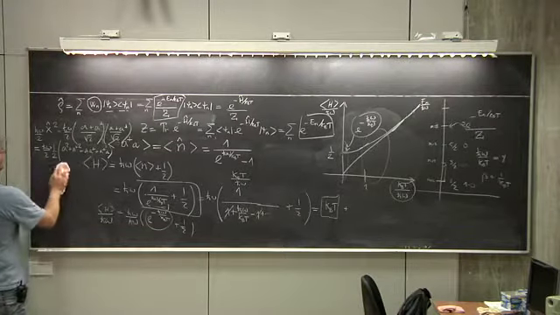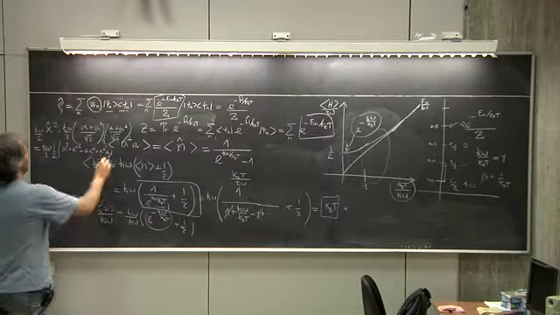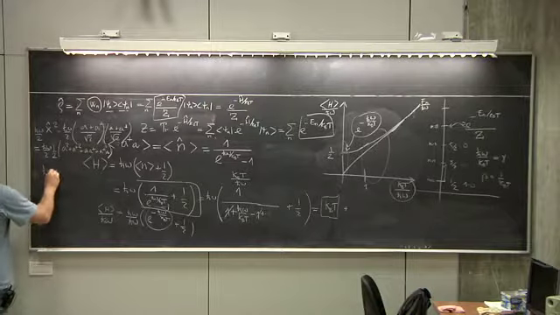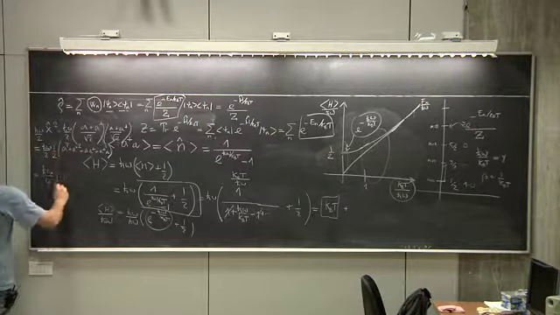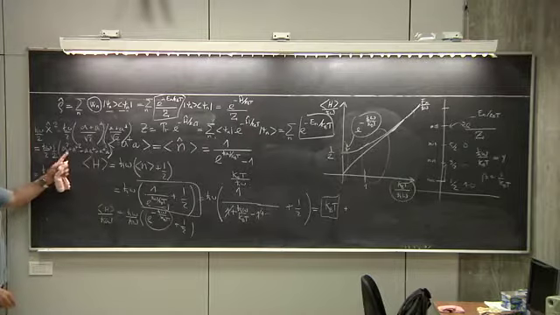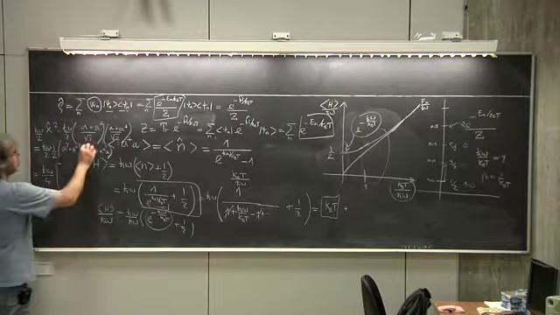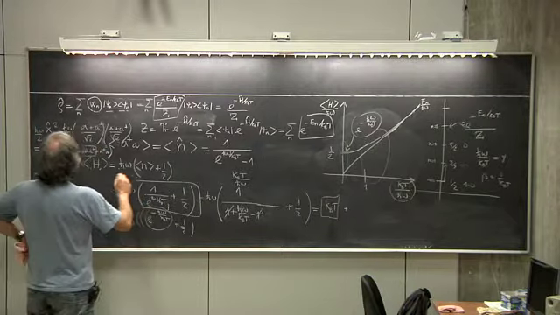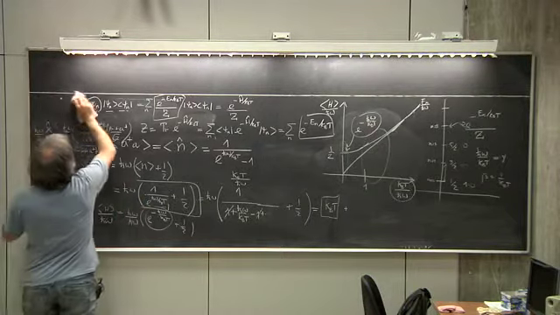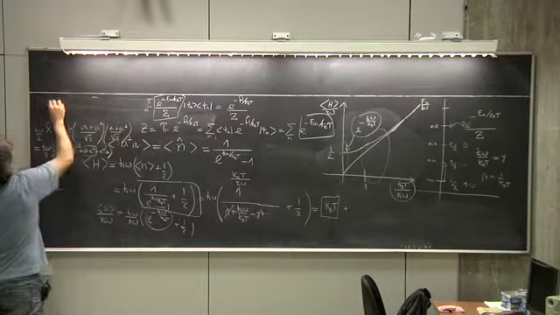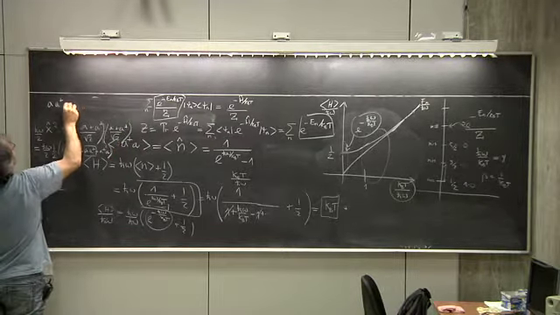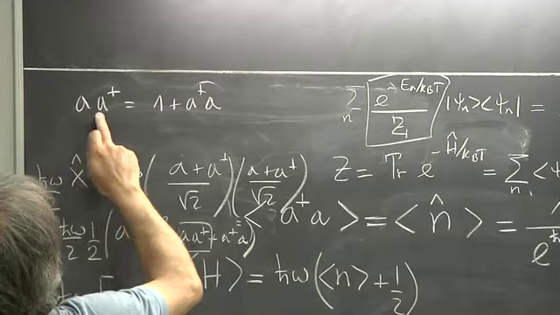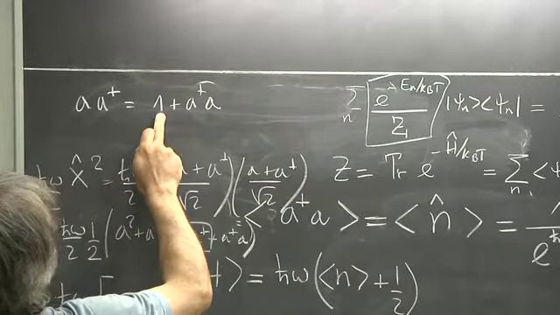Now, let us try to see if we can calculate this. You see that this is equal to h bar omega over 4. Then there are essentially 4 terms, but this term is related to that. I can always rewrite A A dagger as 1 plus A dagger A, because I remember that the commutator of A and A dagger is equal to 1.